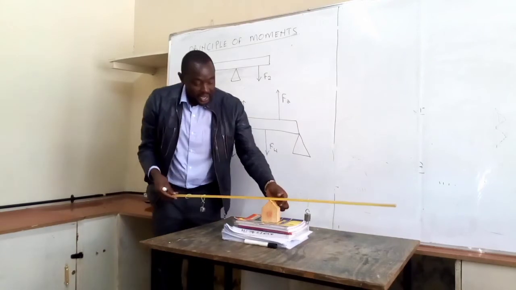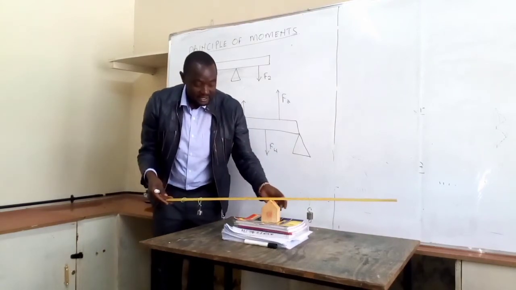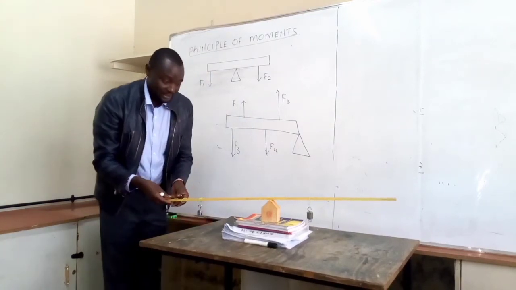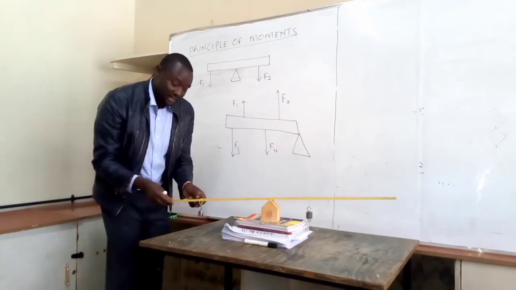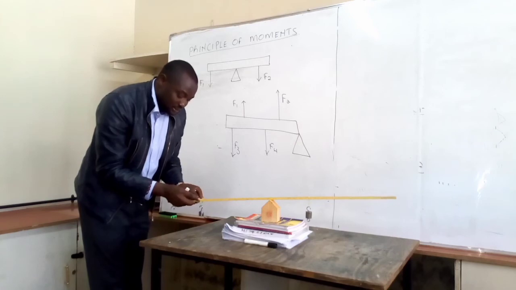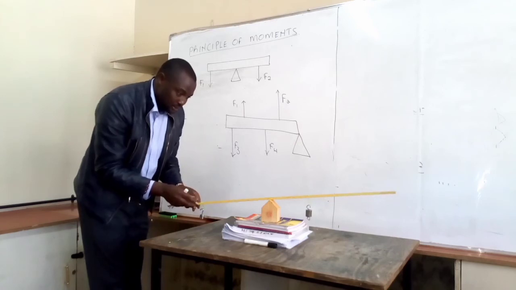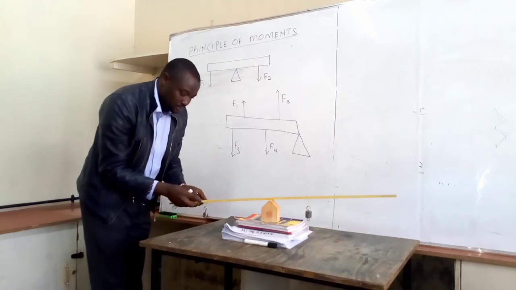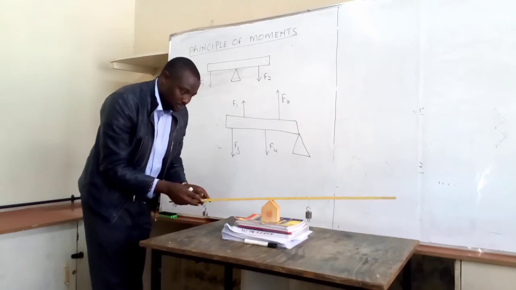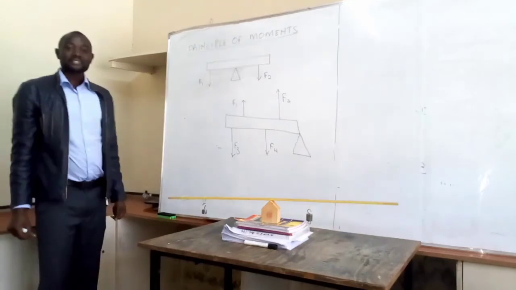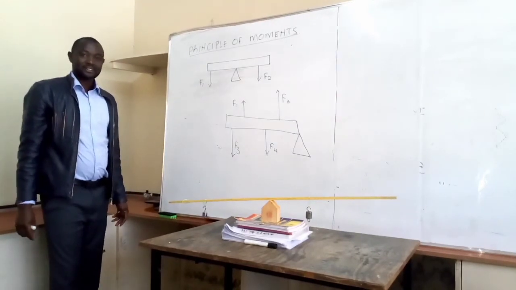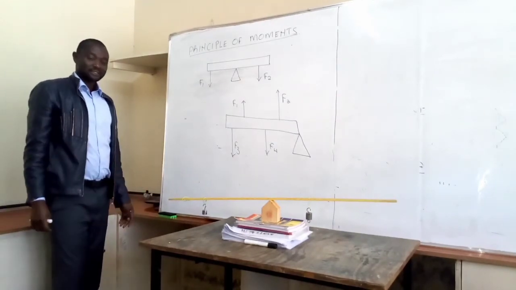Now, I can make sure that this system balances. You can see at this point, this is falling to this side. So I reduce the distance. The system is balanced.